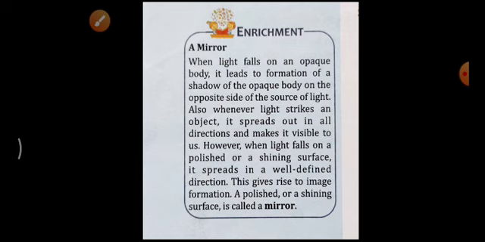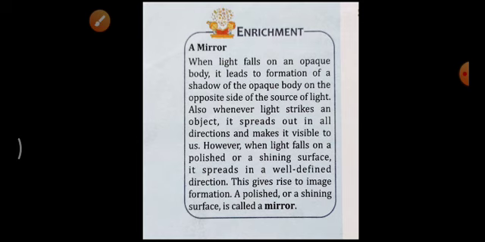Whenever light strikes an object, it spreads out in all directions and makes it visible to us. However, when light falls on a polished or shining surface, it spreads in well-defined directions. If a highly polished and shining surface is capable of reflecting light along a particular direction, then that surface is called a mirror.